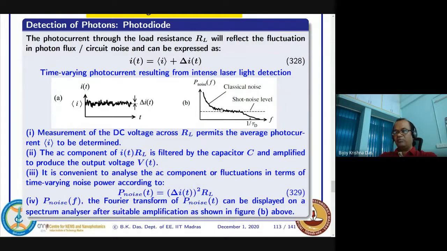For a very large frequency it is supposed to reduce, but ultimately what we see is that it is saturating somewhere. That saturation part actually should have some other type of sources, not like this temperature, thermal agitation current, whatever the Johnson's way of discussion.